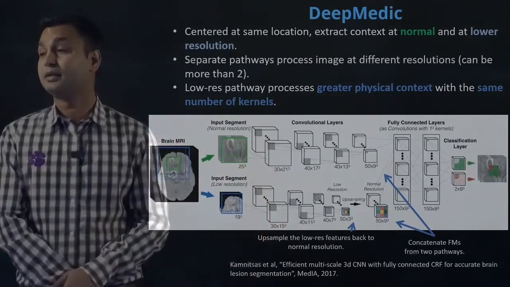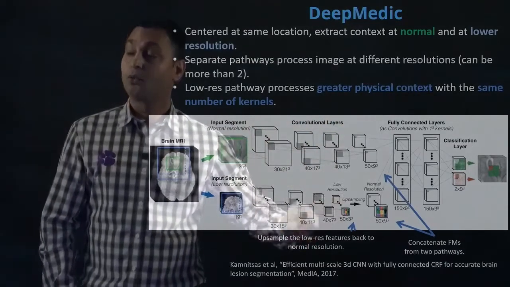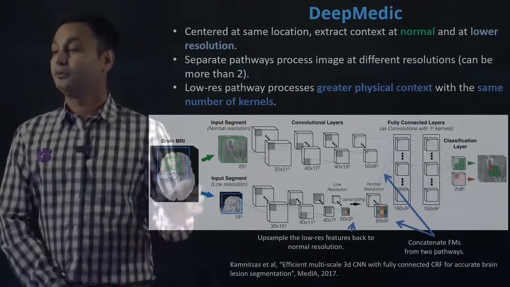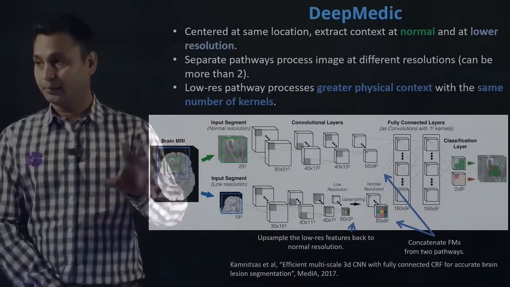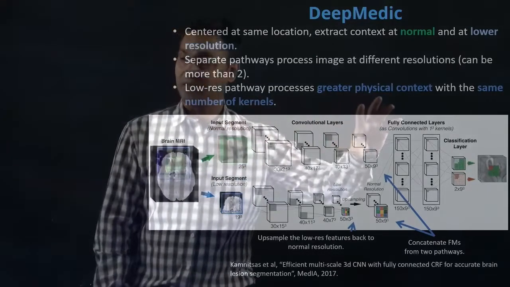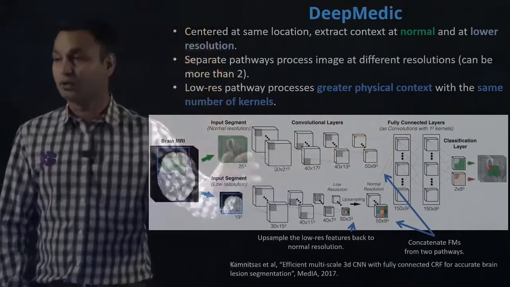What they had is essentially 2 different parallel CNNs which were operating on 2 different inputs. Okay, so the input was like a brain MRI. What you can do is take the normal resolution and have one parallel path which uses convolutional neural networks to process the normal resolution.